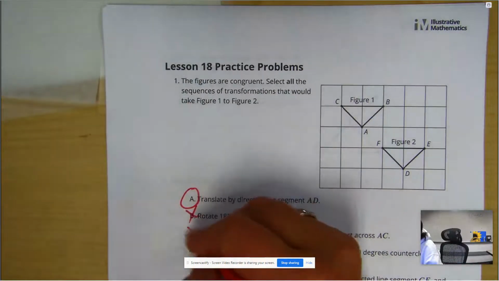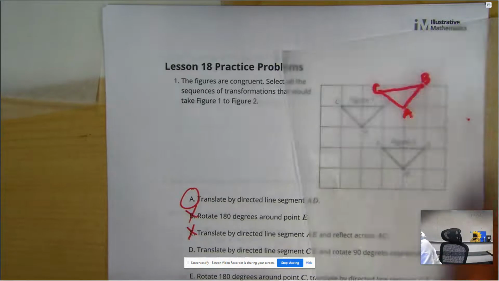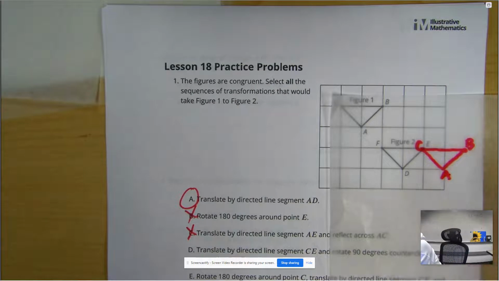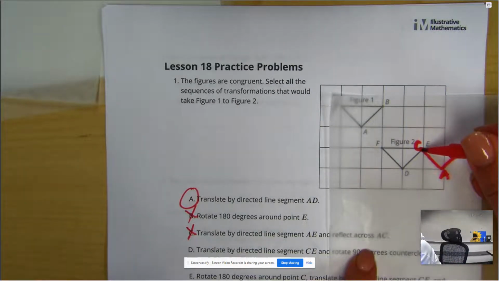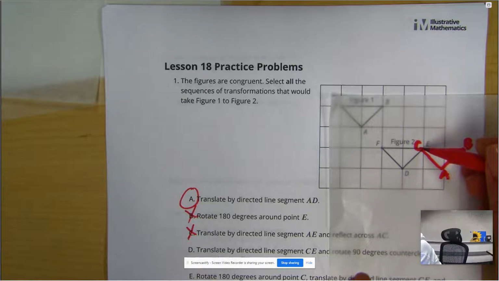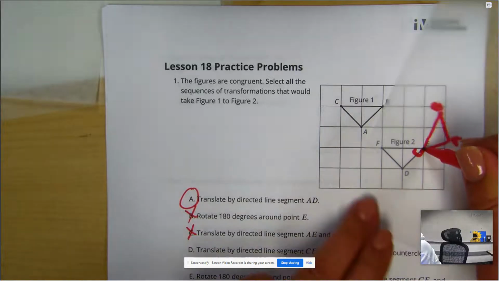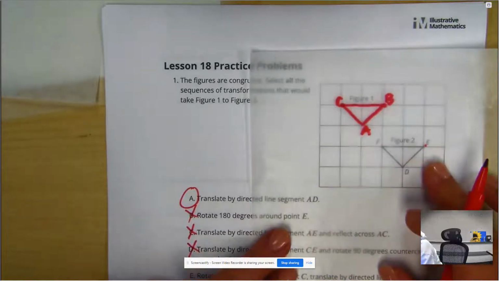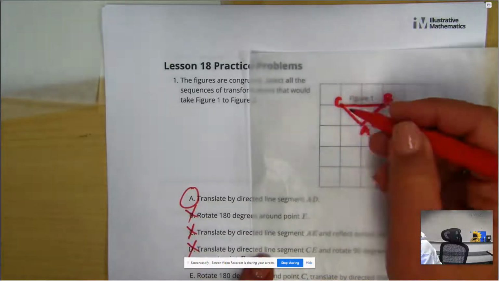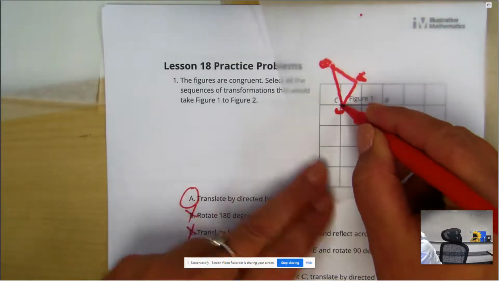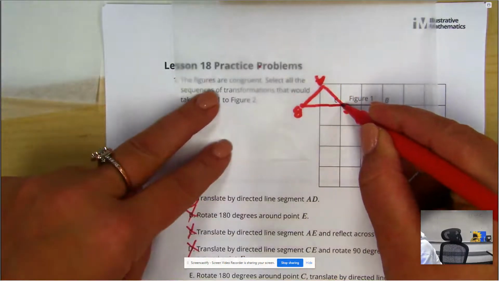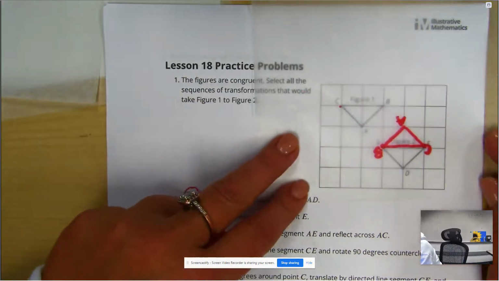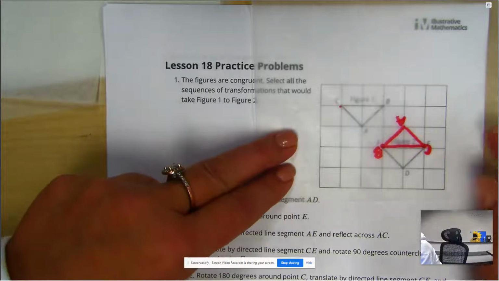No. Translate by directed line segment CE and rotate 90 degrees counterclockwise around point E. No. Rotate 180 degrees around point C. Translate by directed line segment CE and then reflect across EF.